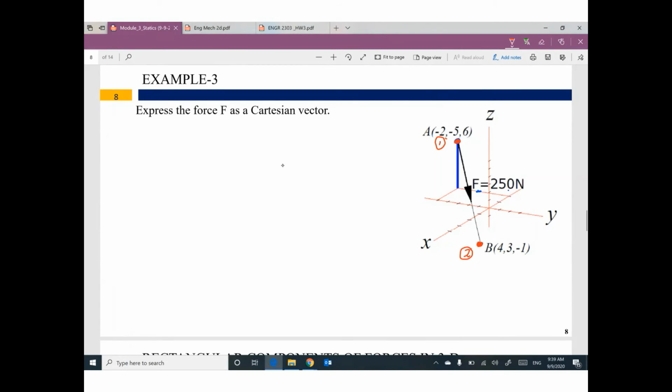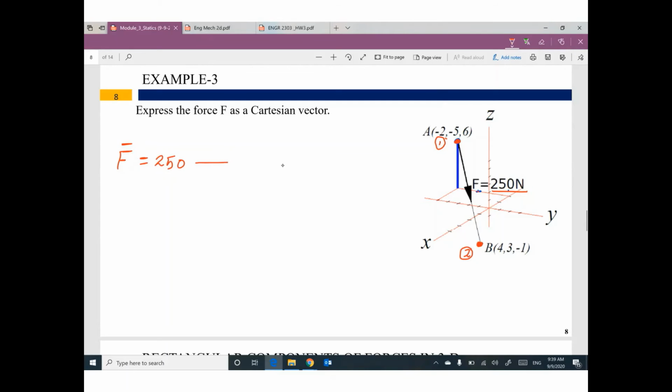It's very important to determine if your force is coming from A to B or B to A. In our case, this force is coming from A to B. And the value of this force, the scalar value, is 250 Newton. I'm looking to convert this force to a vector. If you can get the vector, I can figure out the x component, y component, and z component. Okay, your F as a vector equals F as a value, 250.